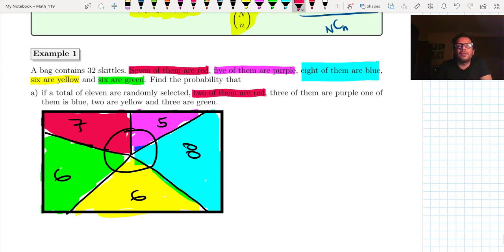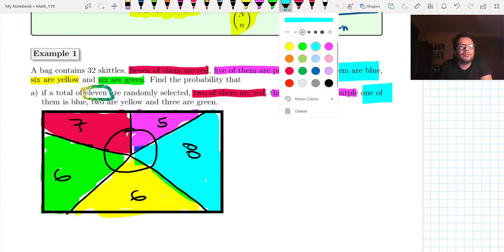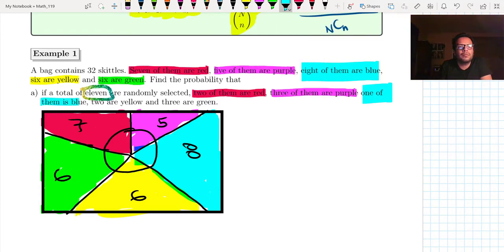So we take a sample of 11, which I'm going to circle. And 3 of them are purple, one of them is blue, two of them are yellow, and three of them are green.